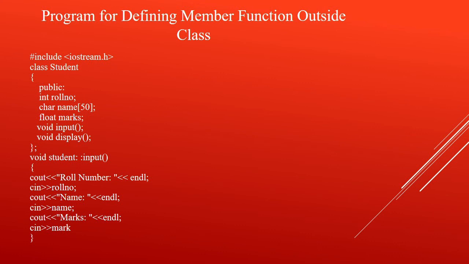As I said earlier, the return type is void, the class name is student, then the scope resolution operator, and input is the member function name. Inside this input member function, we have defined a few output and input statements. Inside the input function, we are going to get the inputs for roll number, name and marks.